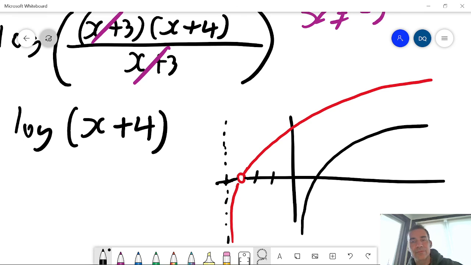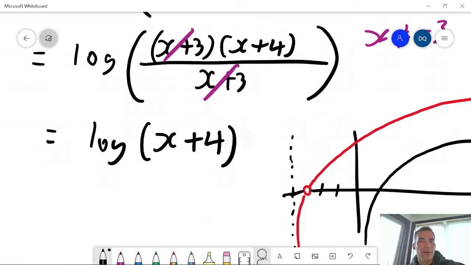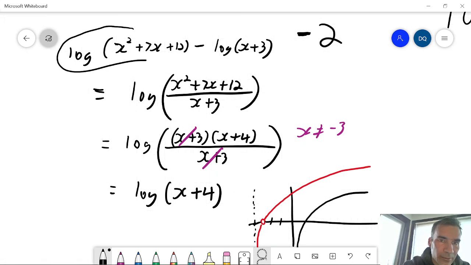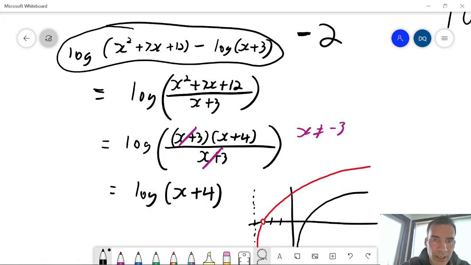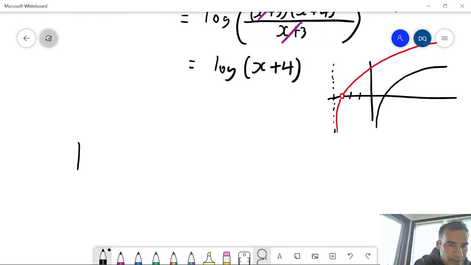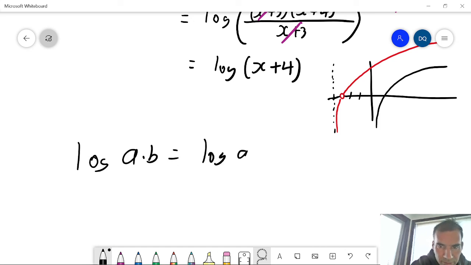Okay. So here I was simplifying this complicated looking mess by using the quotient rule. The difference of the logs is equal to the log of the quotient. Again, I'll just write those rules out one last time. And remember, it all has to be the same base. The log of a times b is equal to the log of a plus the log of b.